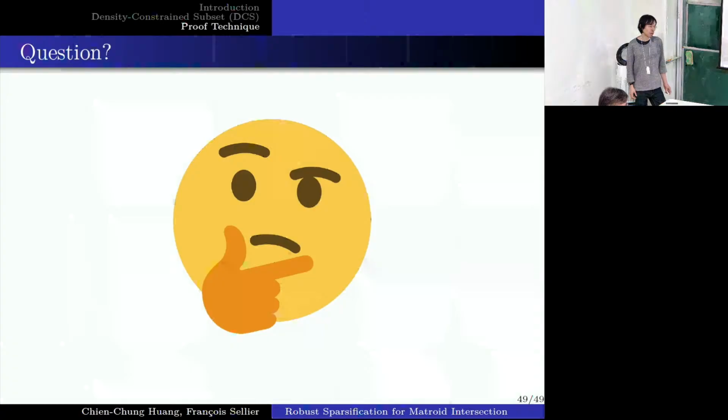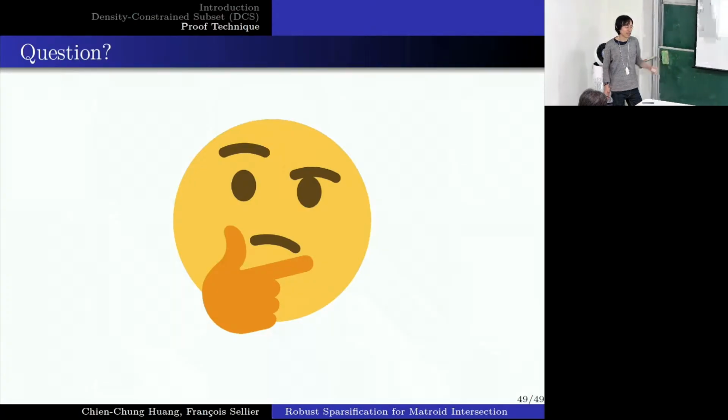Does this sparsifier have any connection with other types of sparsifier, for example, spectral sparsifier? As far as I know, not really. Of course, depending on the application, there are different types of sparsifier. But if you are just talking about matroid intersection or graph matching, I don't see a clear connection.